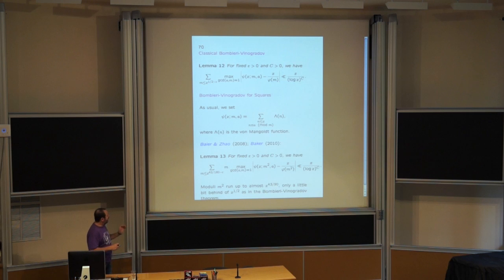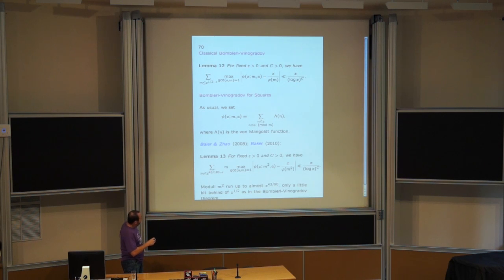And Bychkov-Zhao obtained exactly the same result for m squared instead of m. Except here you stop at more or less the square root of the length of the interval. Here the modulus is m squared, so if you consider this number in terms of x, m squared would be 43 over 90. It's just a little bit below the square root of x on our new scale, because now we talk about squares.